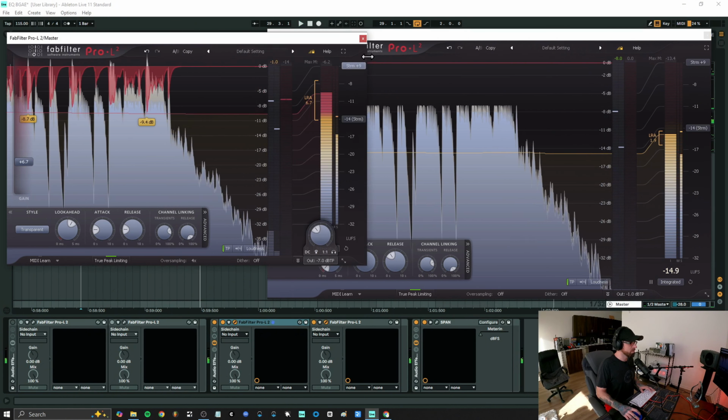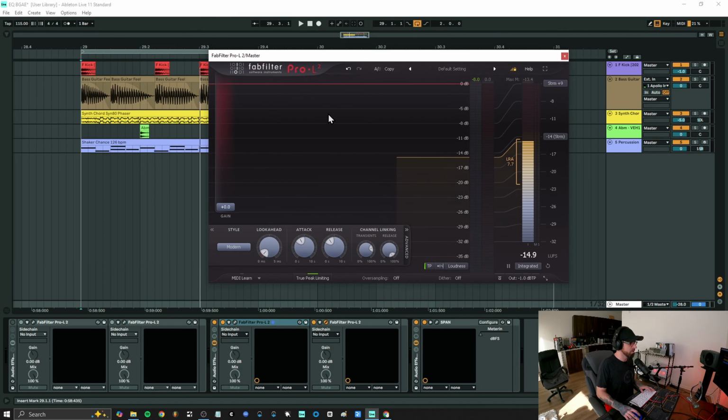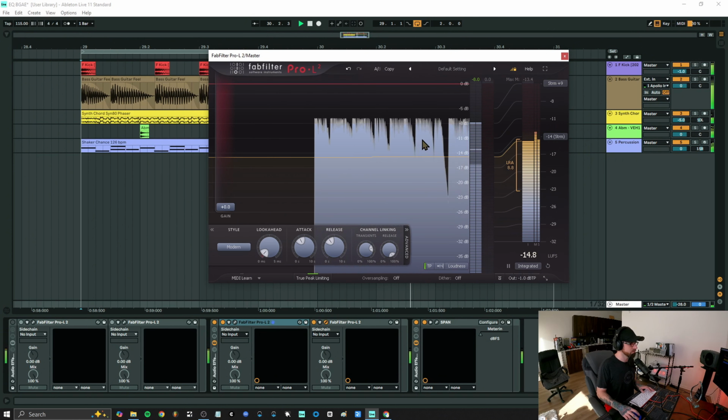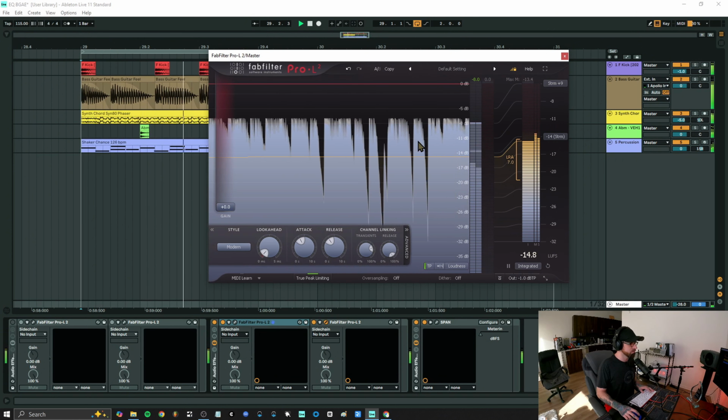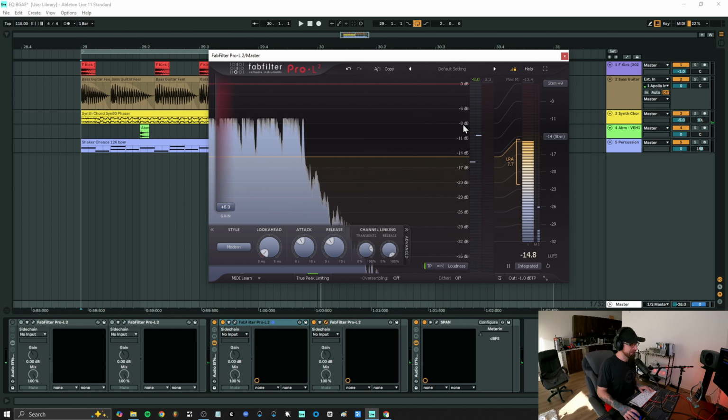So there we have it. Here's our Spotify limiter. So this is roughly the level that Spotify is going to turn us down to. And as you can see, we're peaking at negative 8 dB.